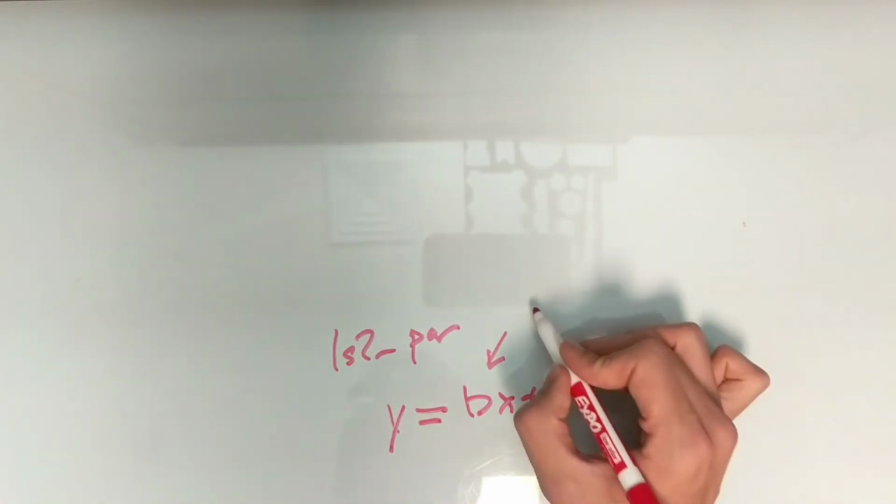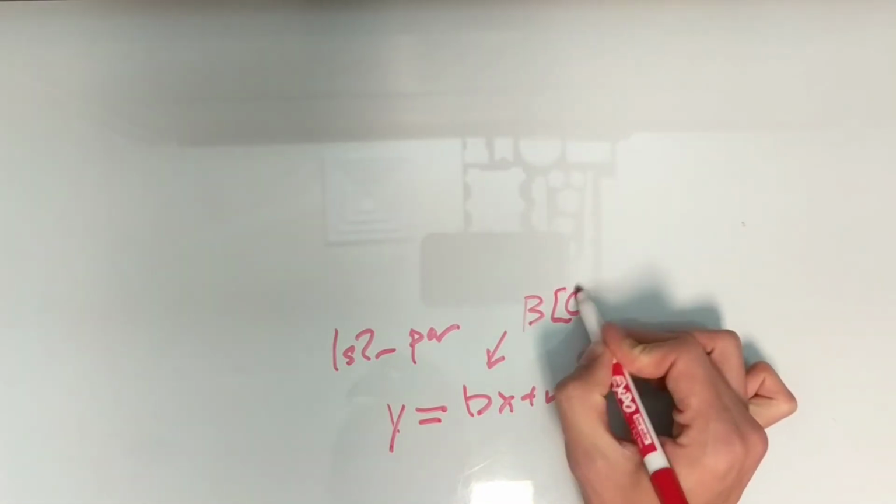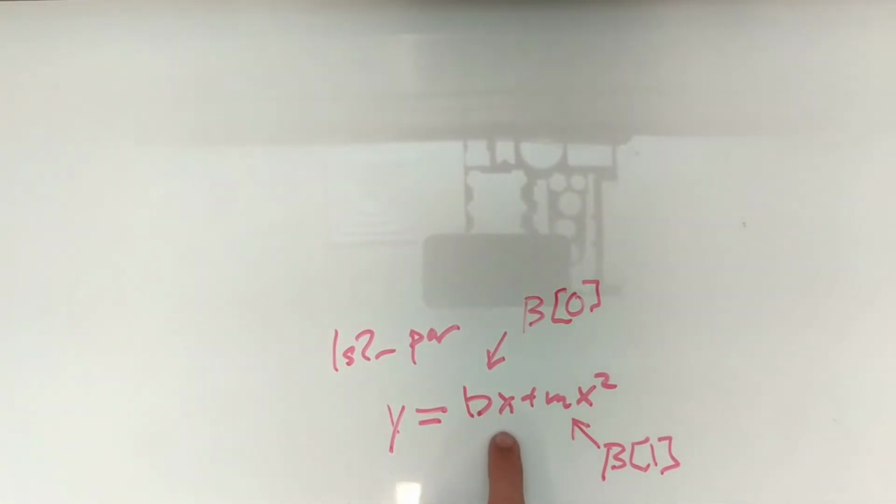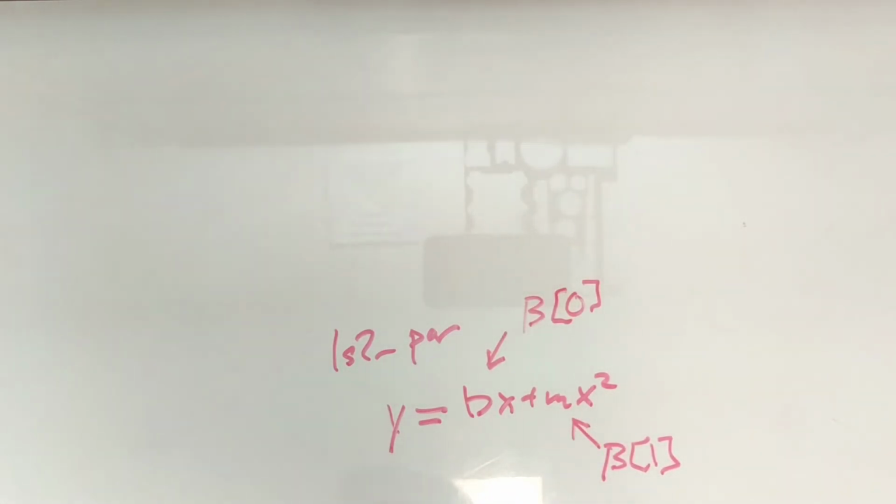Yeah, your b is going to be your beta at 0, and your m will be your beta at 1. And so remember to use this x and x squared here, and then obviously return your y. That should help with that one. And then lastly, same thing for plotting, very, very similar to problems 1, 2, and 3.